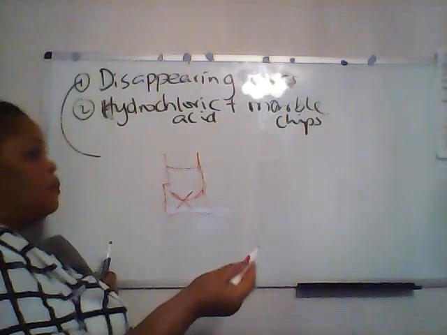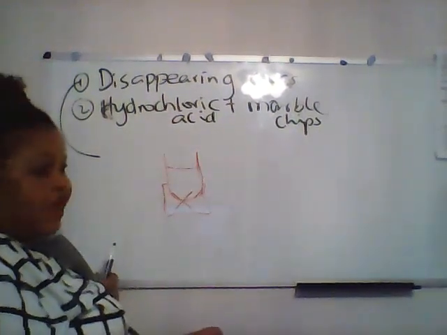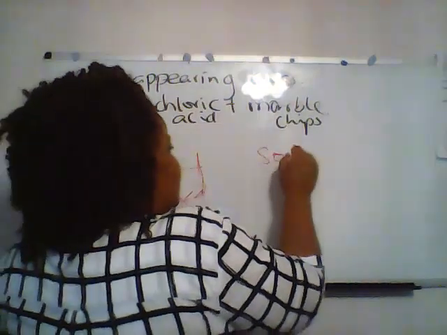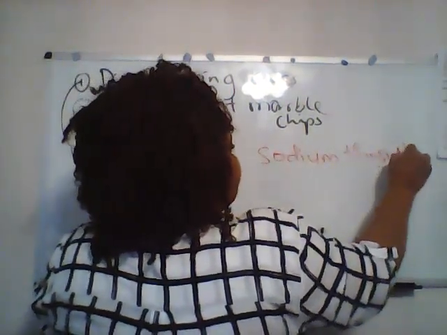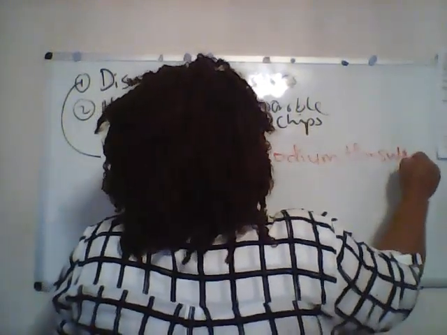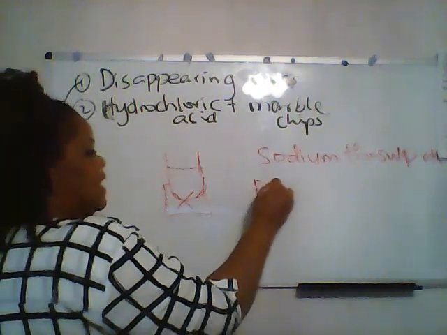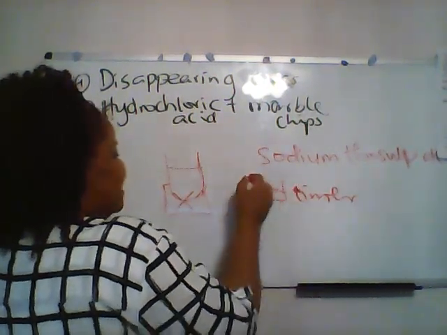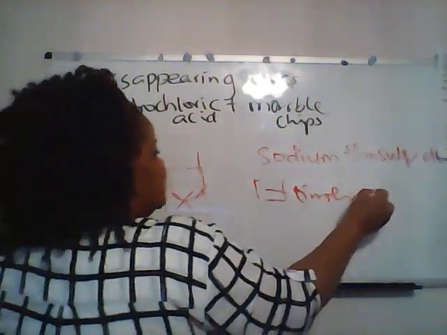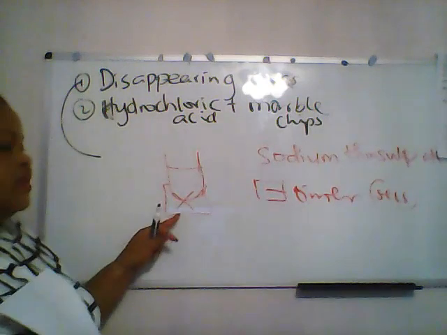They will put in your sodium thiosulfate, and they need a timer. Very important in this experiment, because that's actually what you're recording: the time in seconds, how quickly the cross disappears.